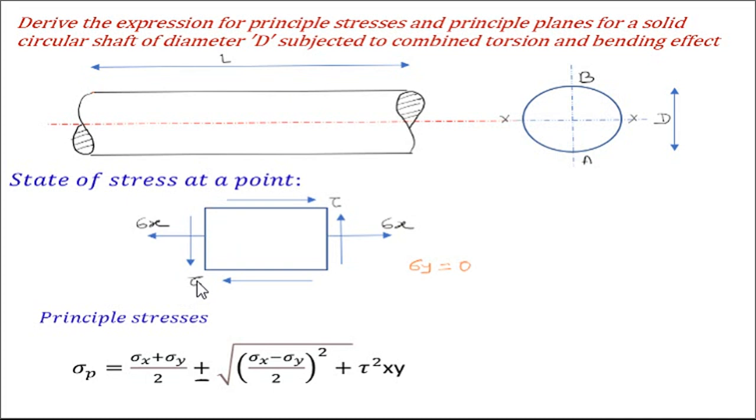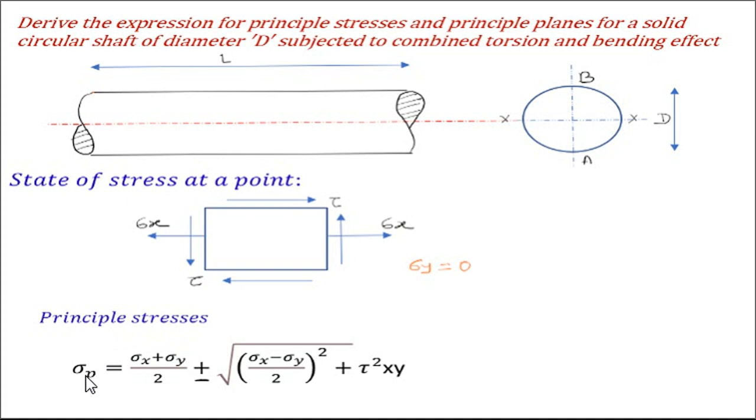As we derived in earlier topics, whenever direct stresses are acting in two mutually perpendicular directions, that is the x direction and y direction, the expression for principal stress is as below.